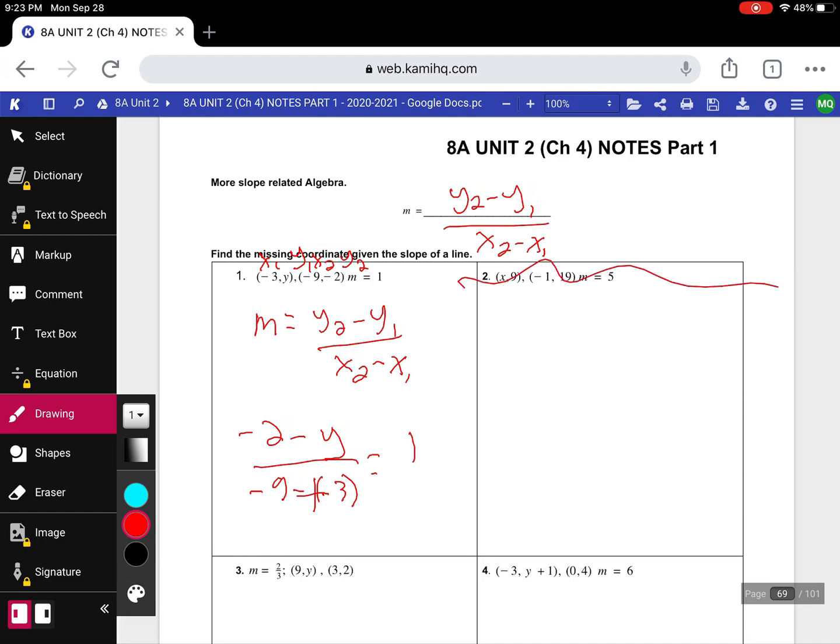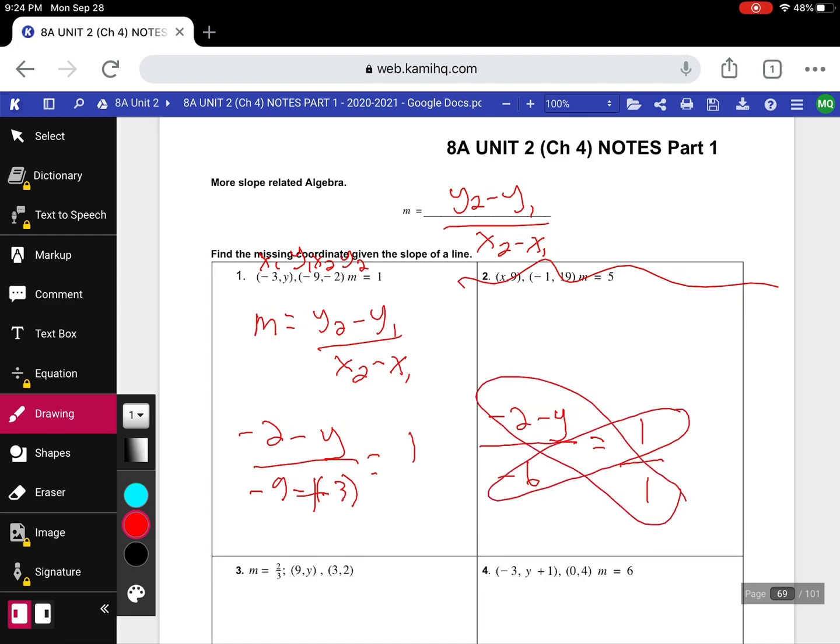Okay, so I'm going to just erase that for now. We're going to have -2 minus y over -6 equals 1. Now, some of you just recognize that you're going to use cross products. If not, do a 1 over 1. Okay? And we're going to cross multiply. 1 times -6 is -6. 1 times anything is that same thing, so -2 minus y.